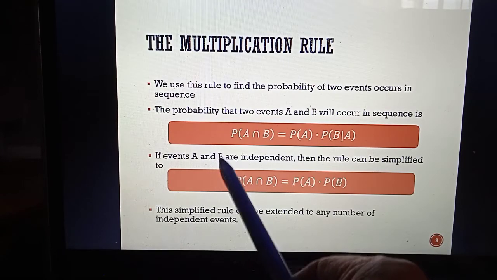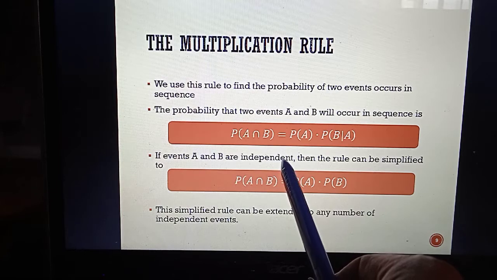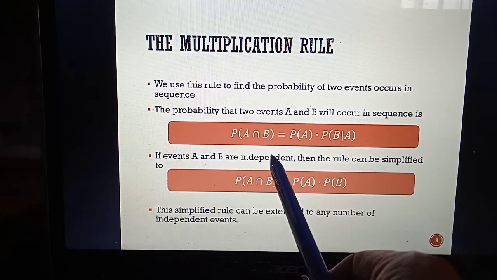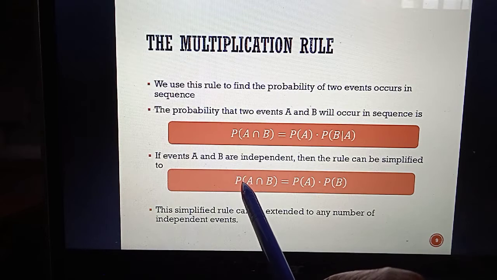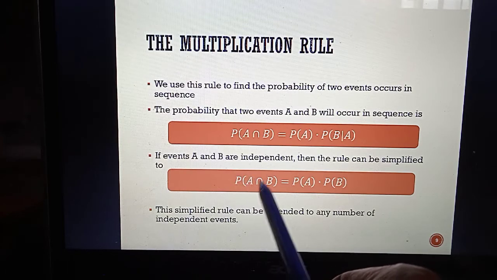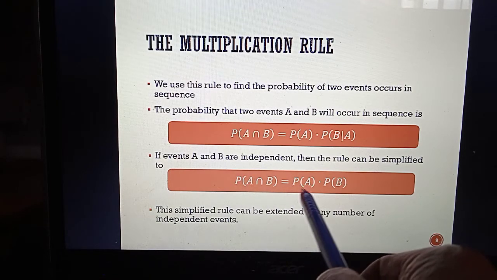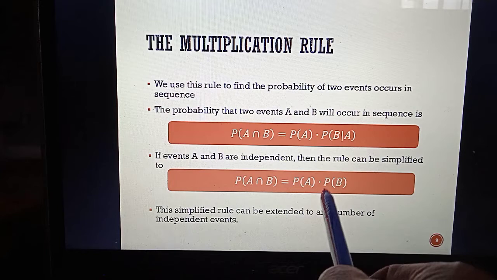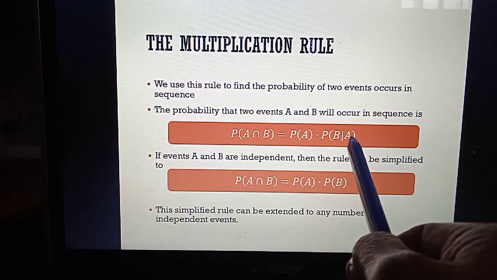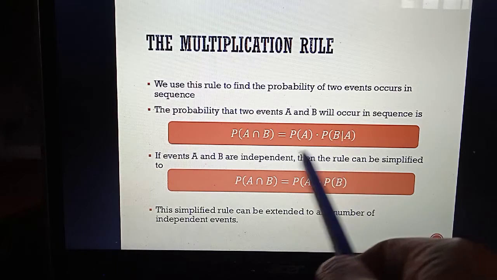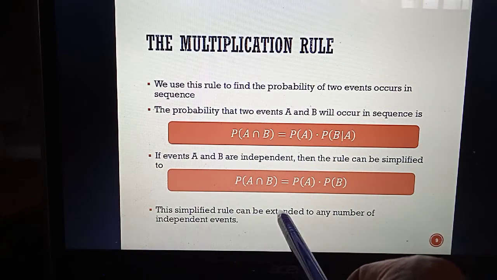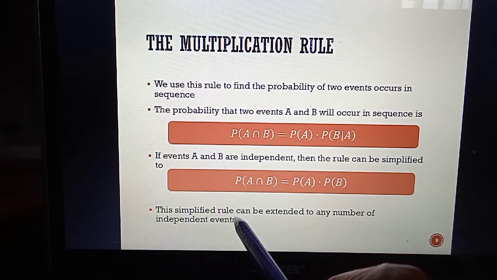If the events A and B are independent, then the rule can be simplified to probability A intersect B equal PA multiplied by PB. Sebab kalau B dengan A ni independent, probability B given A akan sama dengan probability B. So this simplified rule can be extended to any number of independent events.